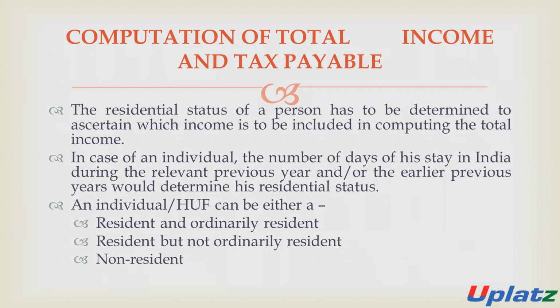So if an individual stays in India for the particular number of days in the previous year or earlier previous years, then he will be considered a resident. If Mr. Ram stays in India for 200 days, then he will be considered a resident of India.